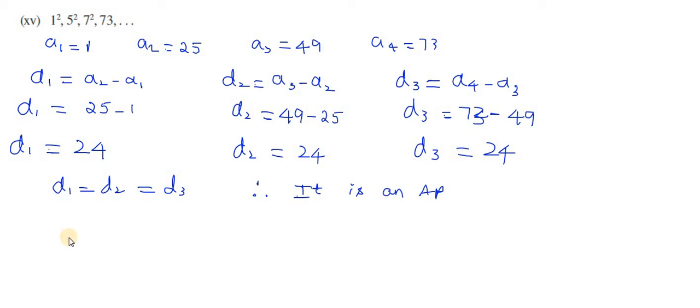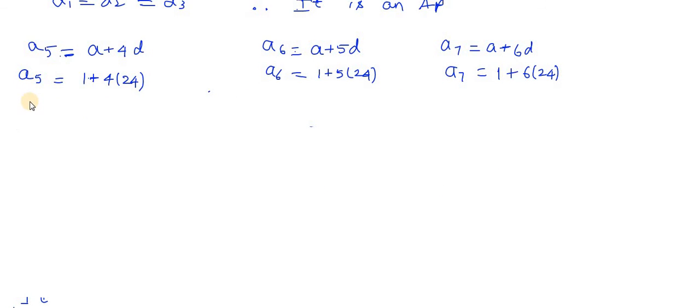So therefore, we need to find the next three terms. They already gave a1, a2, a3, a4. We need to find a5, a6, a7. Now a5 is a plus 4d, and we know the common difference is 24.